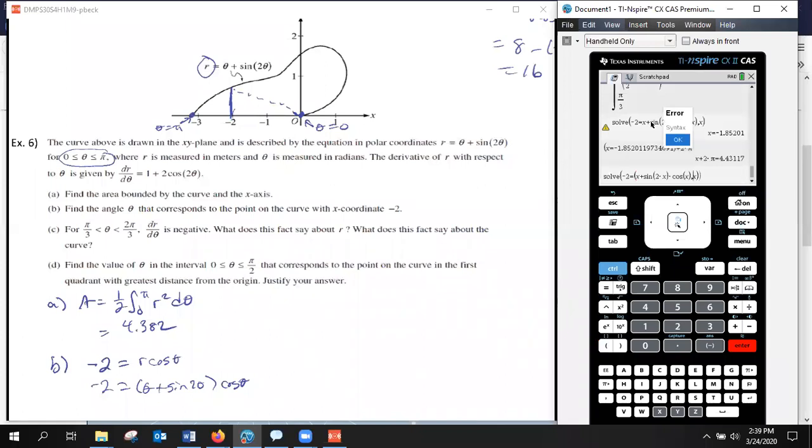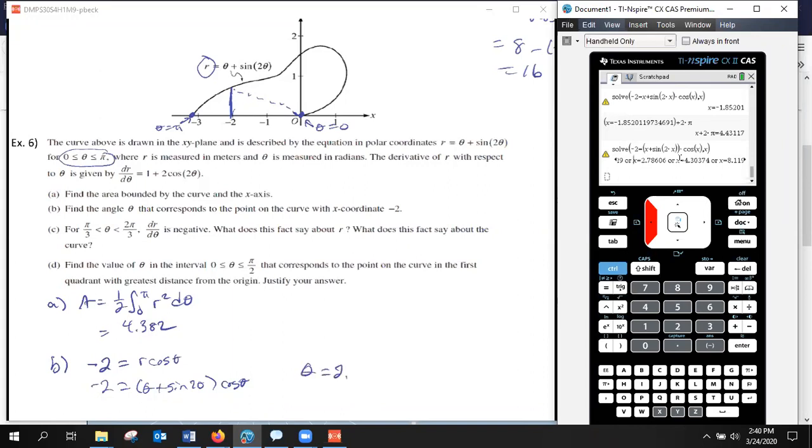Let's try that one more time. Now I've lost the parentheses. I think I need some right there. And there we go. And we need to get an answer going from 0 to pi. So that would be this one right here.